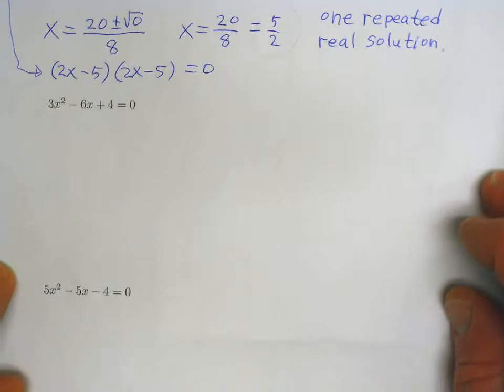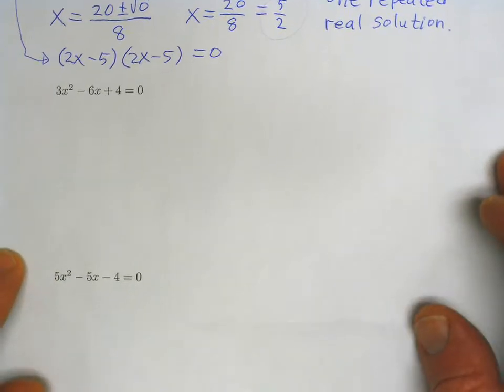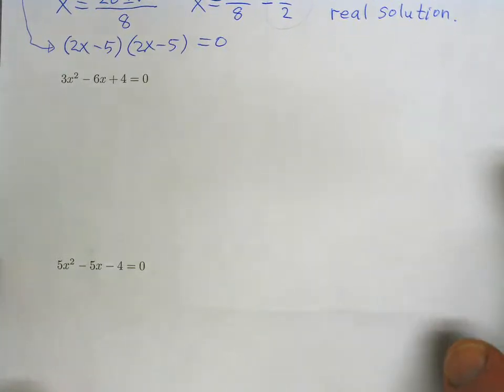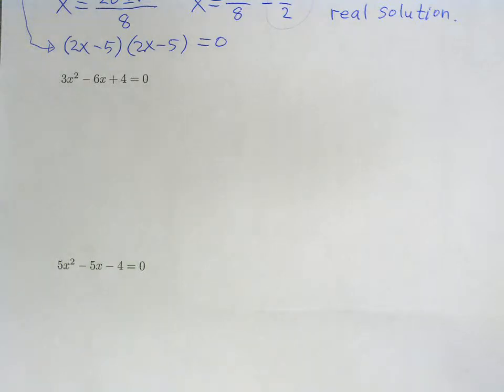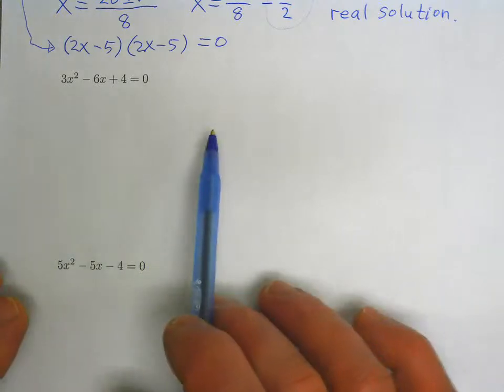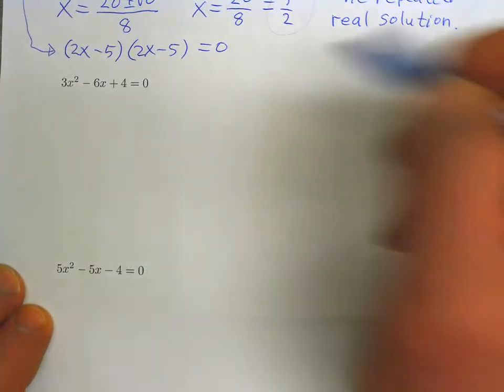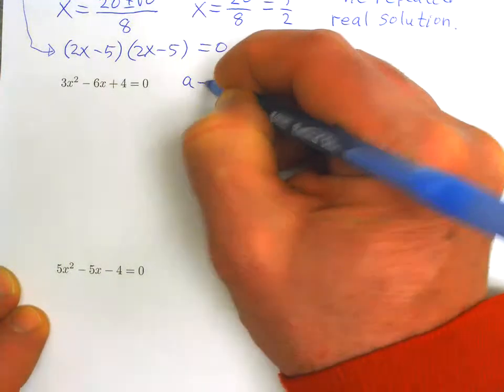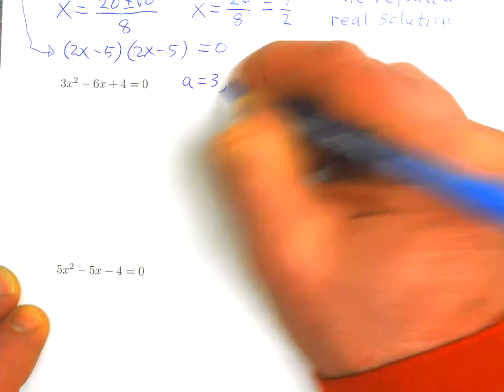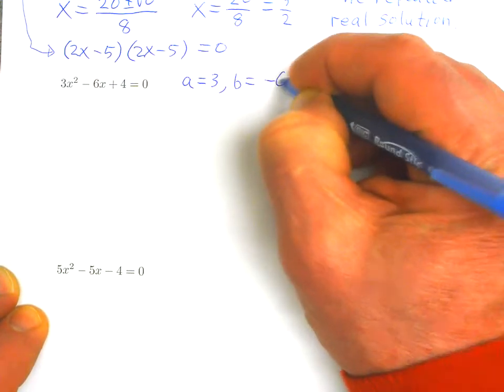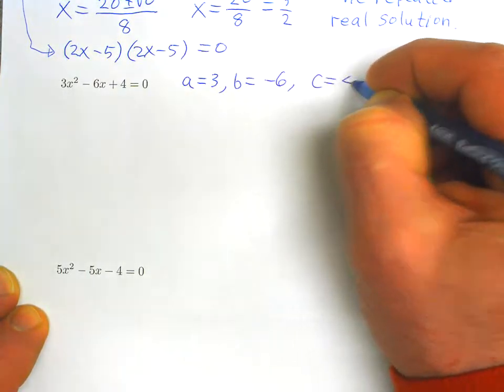Okay, the next example. 3x to the second minus 6x plus 4 equals 0. It's already in standard form. So we identify a as 3, b as negative 6, c is positive 4.